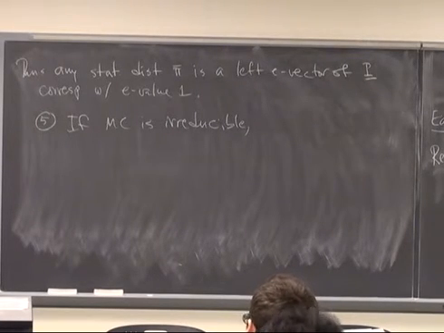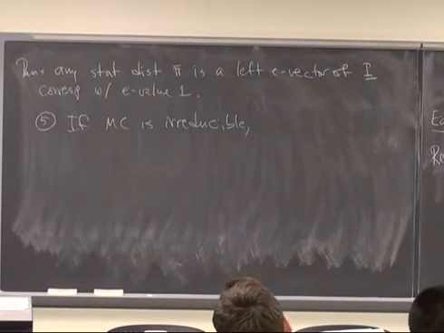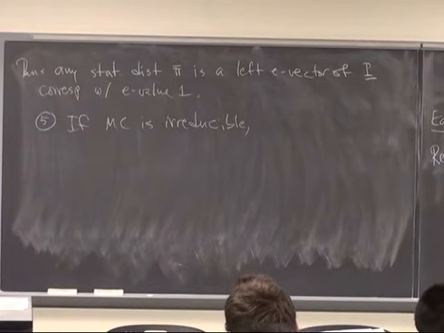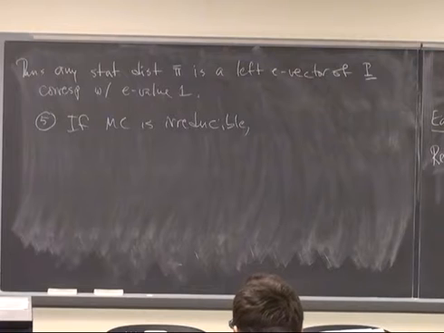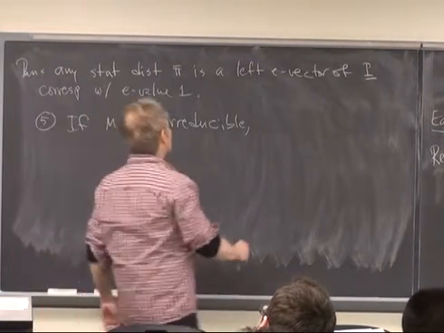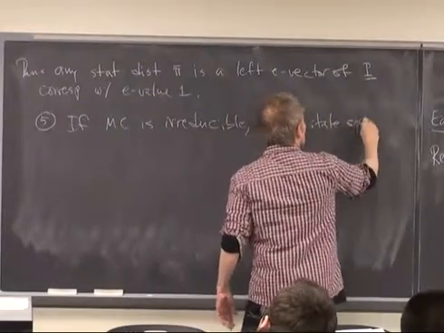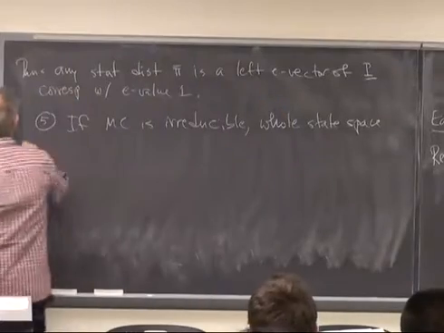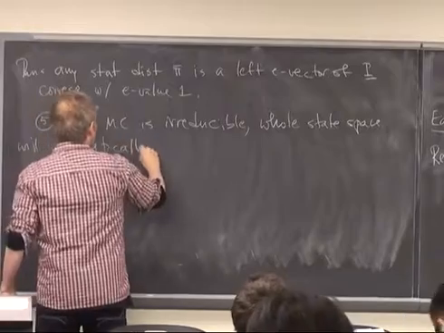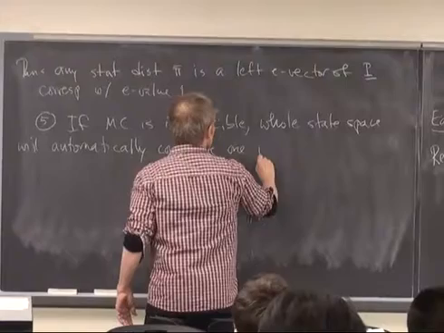And because it's irreducible, that means you can get from any state to any other state, which means that every other state, other than this one positively recurrent state, is also recurrent and lies in the same recurrence class as that original state. And therefore, the whole state space automatically constitutes one big positively recurrent class.